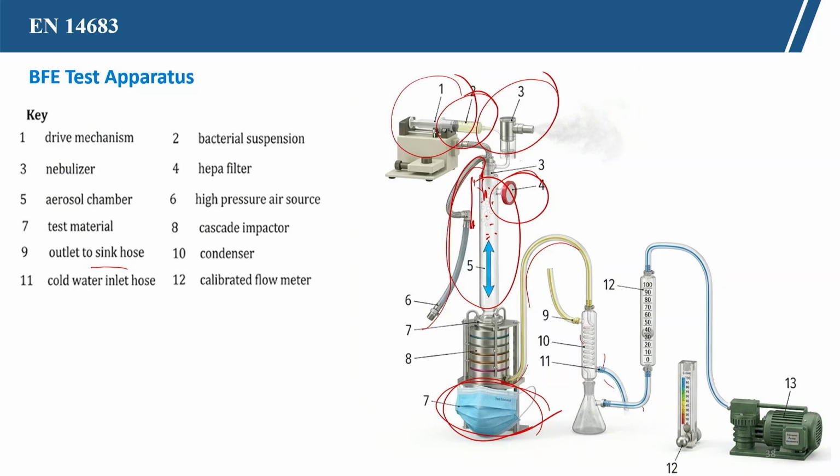The flow meter measures the air flow rate, and there is a compressor for the vacuum pump. From this we can calculate how much bacteria is being restricted by the filter medium.